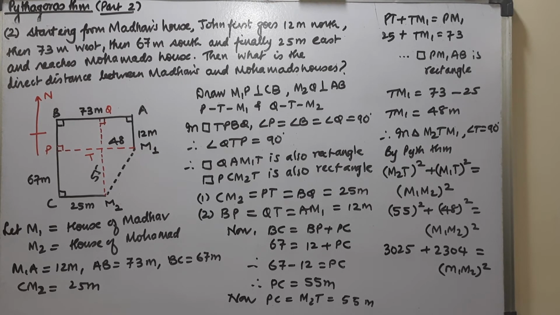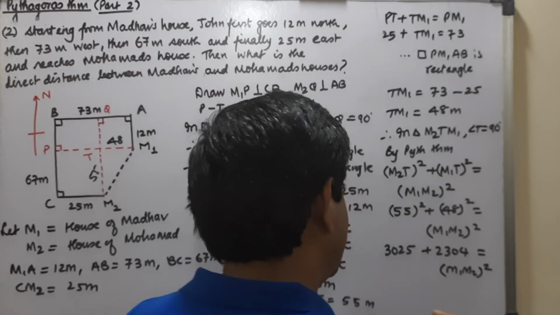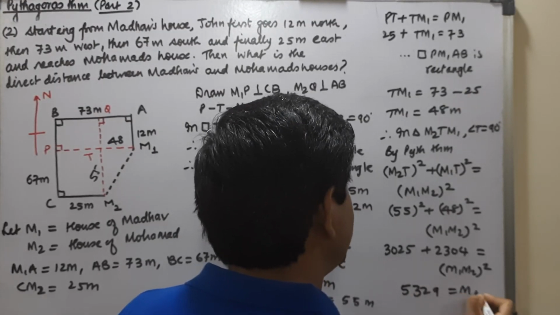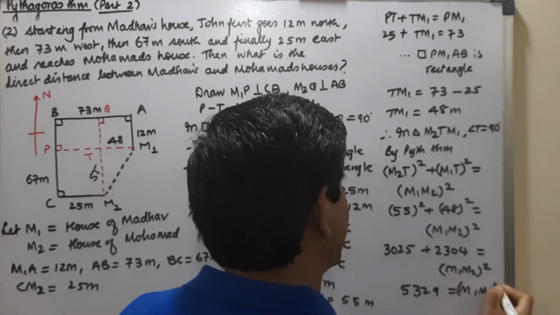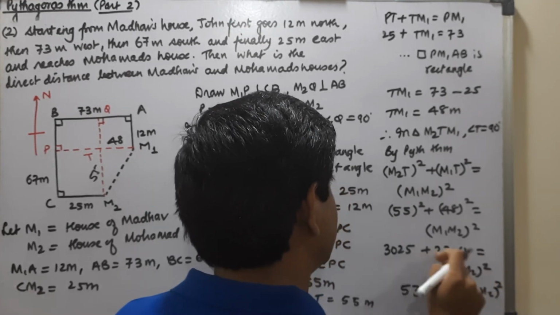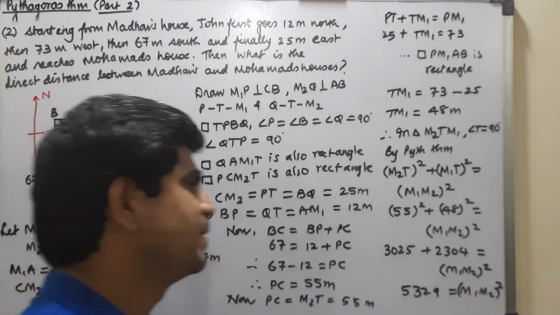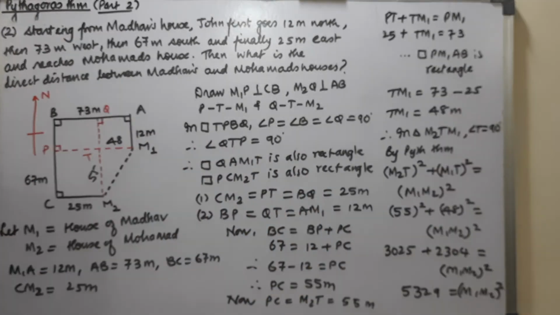So the addition now becomes 5329 is your M1M2 square. Yes, correct.